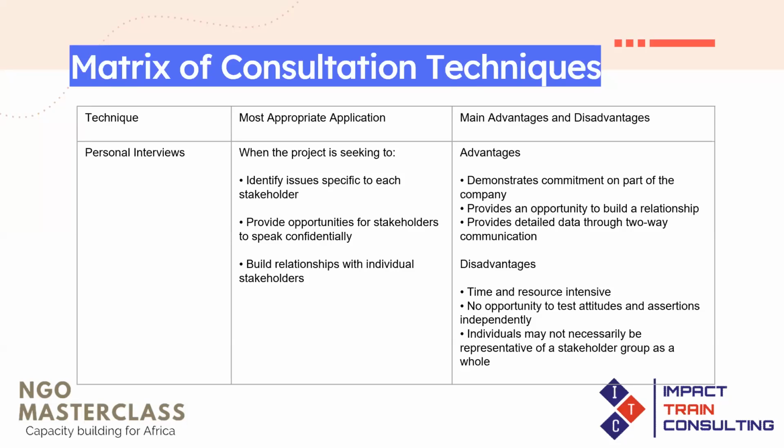If you want to go with them one-on-one, it's more time consuming, and it's also going to cost you more. And there will be no opportunity to test the attitudes and assertions independently. And then individuals may not necessarily be representative of a stakeholder group as a whole. So sometimes the person that you're discussing with may not be the individual whom the stakeholders are interested in talking with.